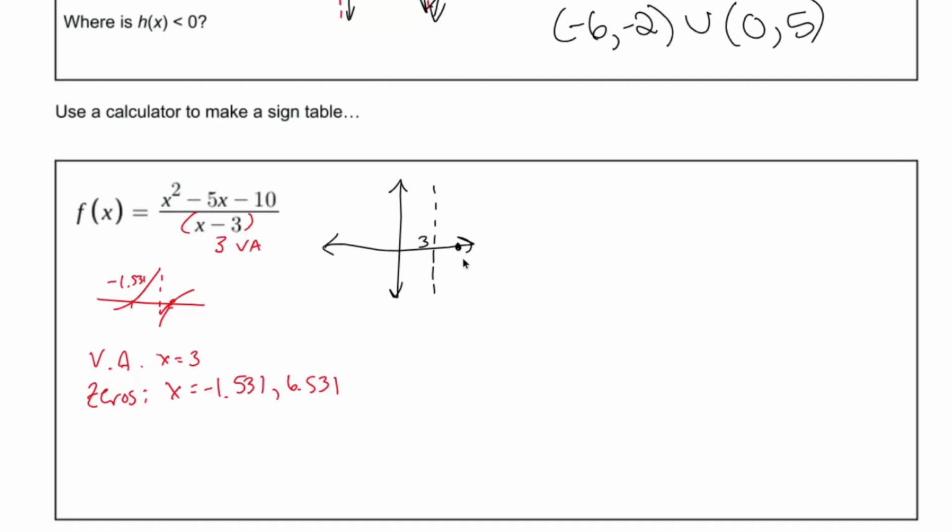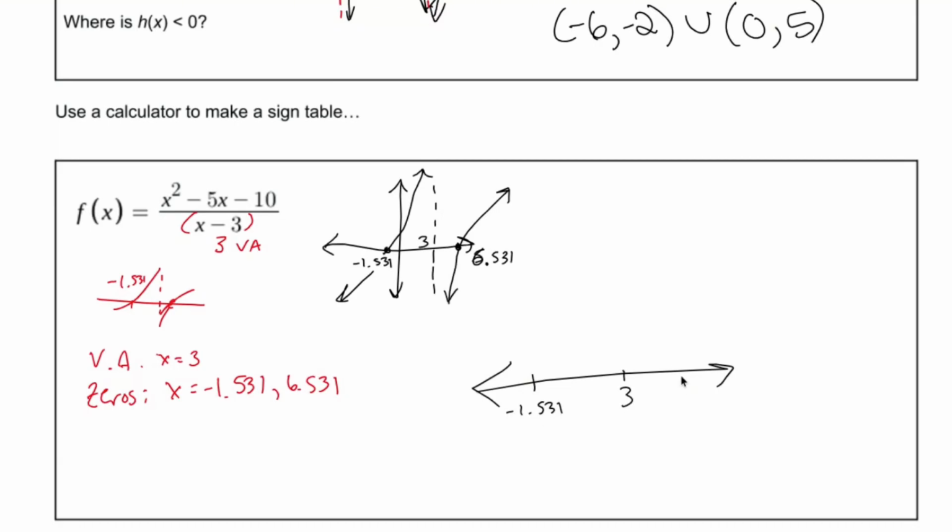A 0 at around 6.531, and a 0 at negative 1.531. Okay. This came up here and started pointing downward that way, and then this came up and started pointing upward that way. So a sign table for this would have me putting dots at negative 1.531, 3, and 6.531.